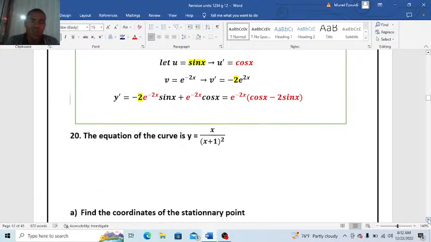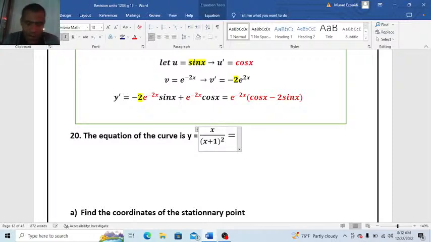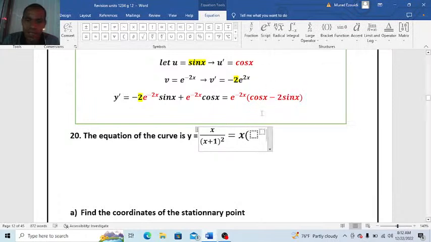Now the equation of the curve is y equals x over (x plus 1) all squared. You can also write it as y equals x multiplied by (x plus 1) to the power minus 2.